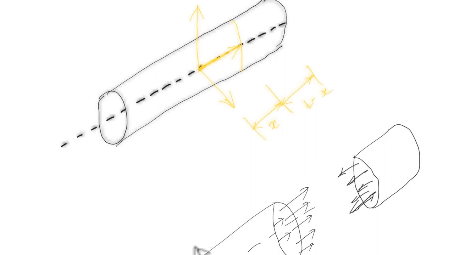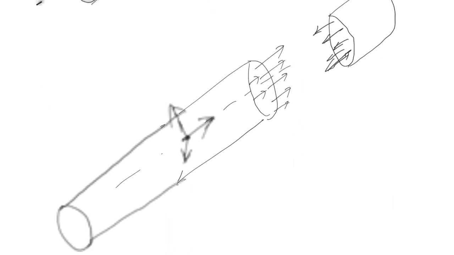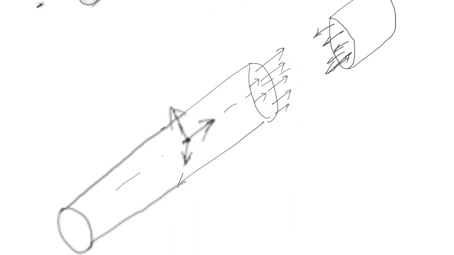Then I have taken this section which is at a distance of x. Then you have a remaining portion of length L minus x as shown here. So let's magnify it over here. So this is the section at a distance of x and this is the remaining portion L minus x.